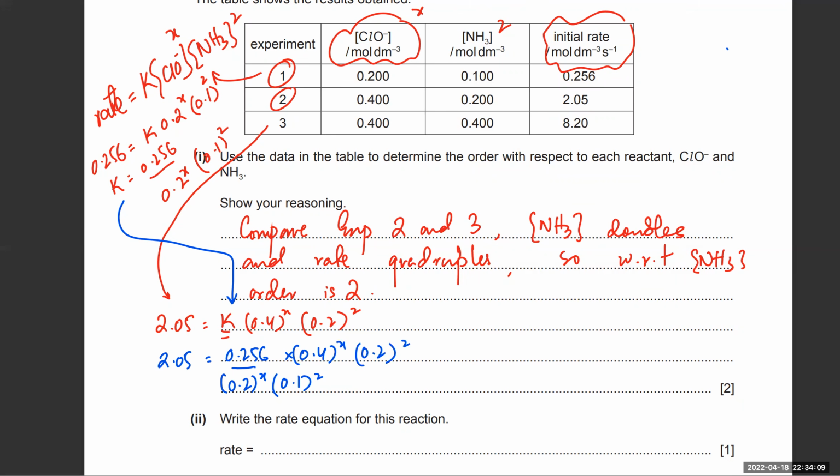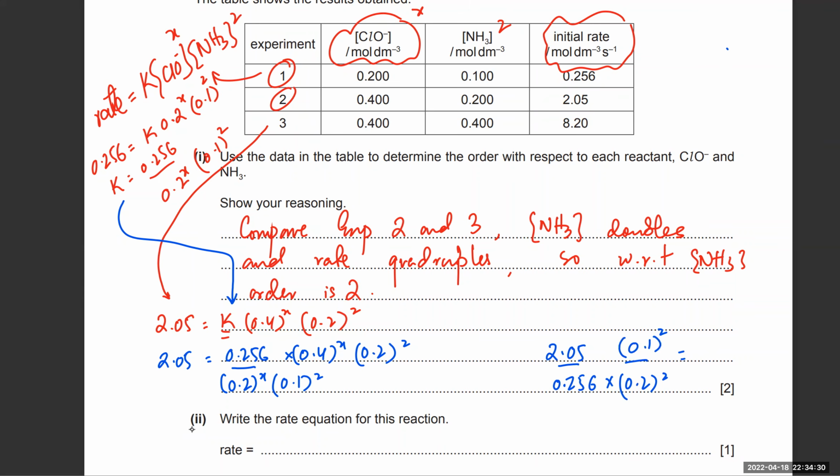And you're going to simplify this. So this comes out to be 2.05 divided by 0.256, and I'm bringing the other things over there as well. 0.2 squared comes at the bottom, 0.1 squared goes up in the numerator.